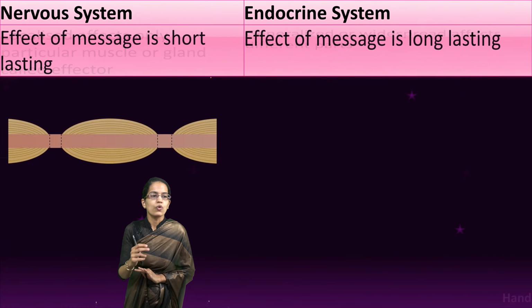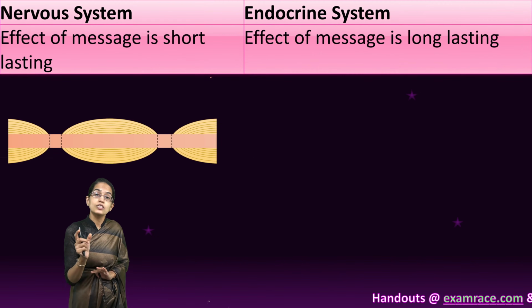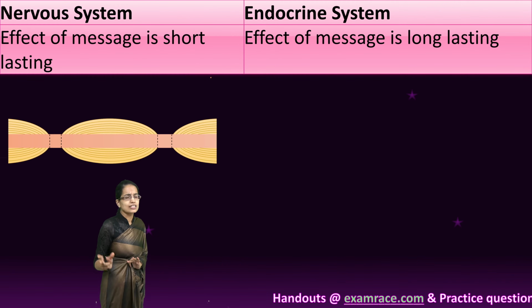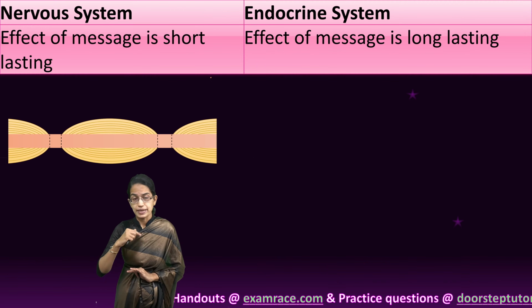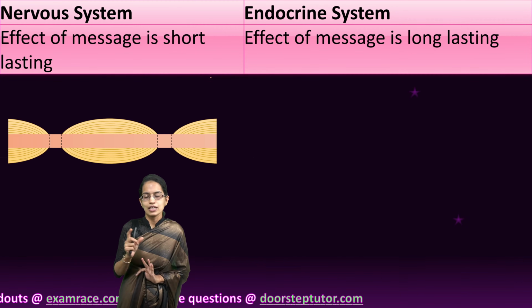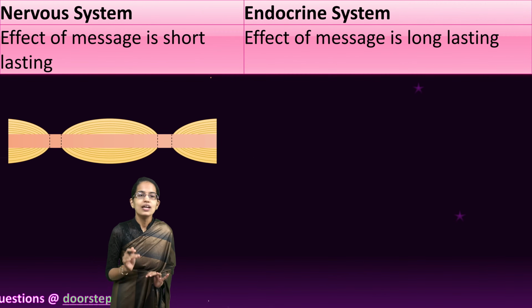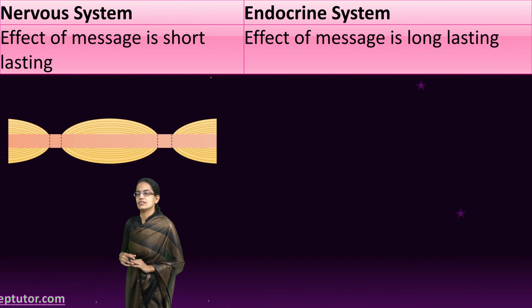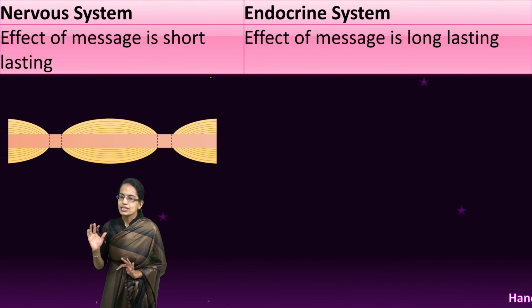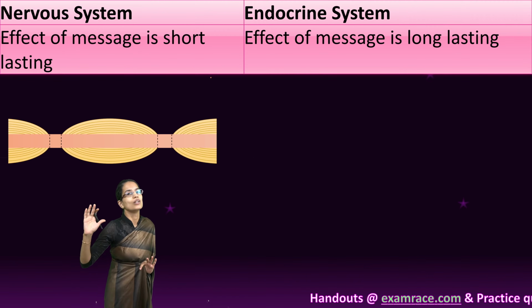And moreover, the time for which it lasts is very short. Within a fraction of a second, as we said, since the message is traveling very quickly, the response is occurring very quickly, so the time period for which it would last obviously would be very small. However, in the endocrine system, since it acts slowly, the time period for which it would last would be longer.